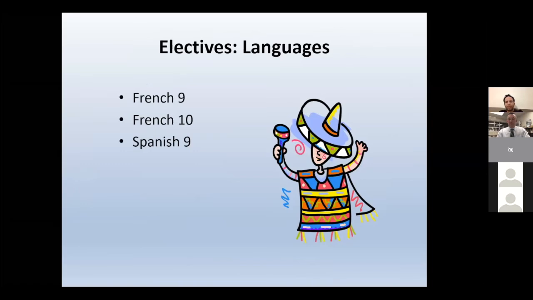So for languages next year, a language is considered an elective. It is not required to be taken. A second language is not required for graduation. So there are some misconceptions out there that a second language is required for graduation. It is not, but some universities would like students to have a grade 11 language.